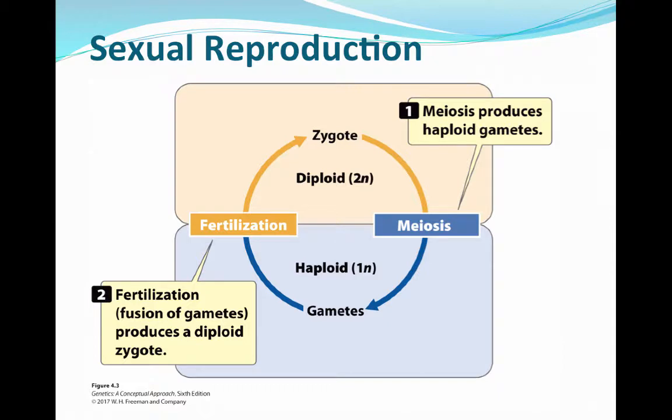So when it comes to reproduction, keep in mind that this takes us back to meiosis. The meiotic process is going to produce haploid gametes, and then those gametes are going to go through fertilization, where they fuse a second set of chromosomal material in, and that is going to produce a diploid zygote.